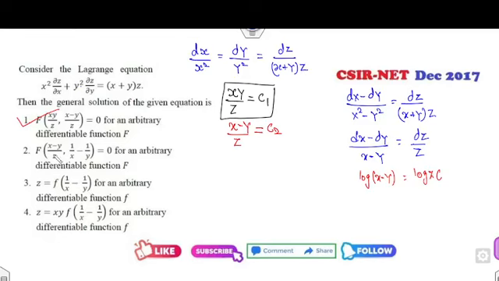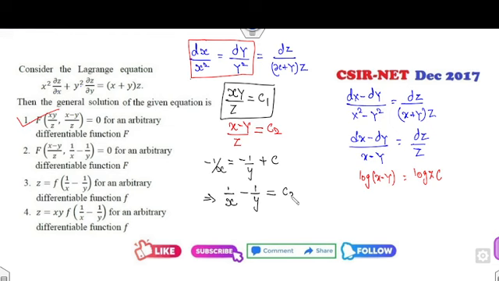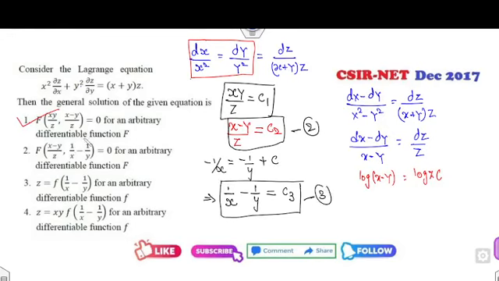Fine. Look at the second part, x minus y over z. I already made it. How can you make 1 over x minus 1 over y? You can see if I integrate this portion, what will happen? Minus 1 over x minus 1 over y plus constant, or I can say minus 1 over x minus 1 over y is c3. So you have this third constant. Now from this second equation and the third equation, I can write the solution in this manner.